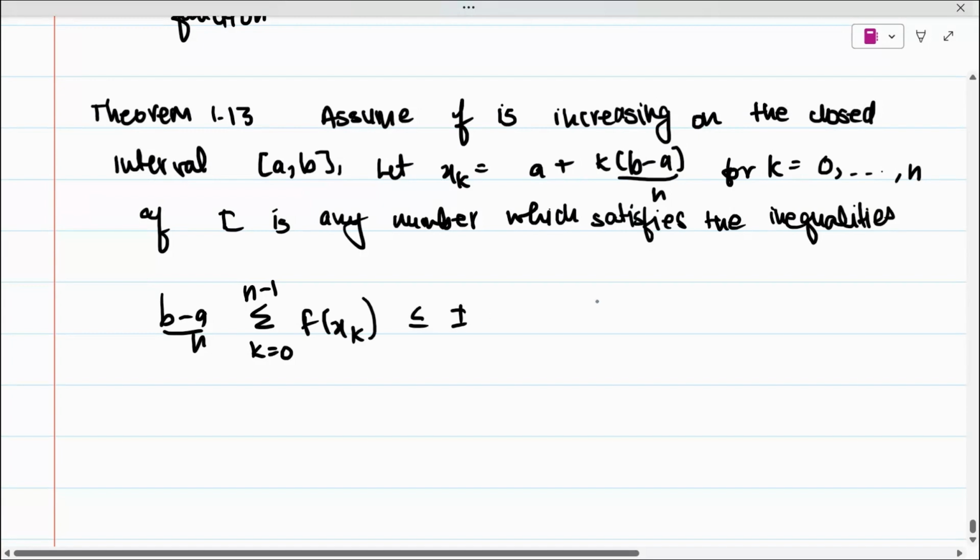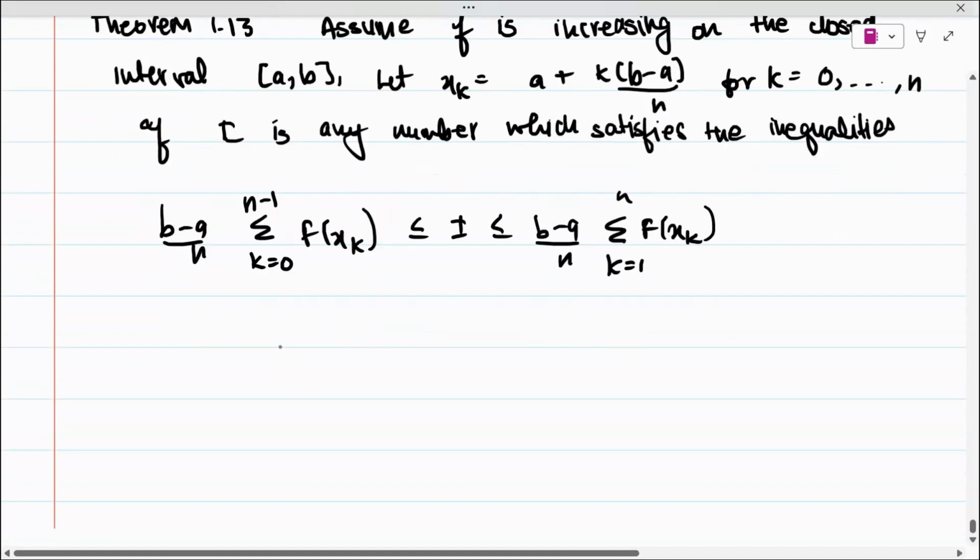This is the lower step function and this is the upper step function, in standard form. This can also be k minus 1, k equals 1 to n, for every integer greater than or equal to 1.